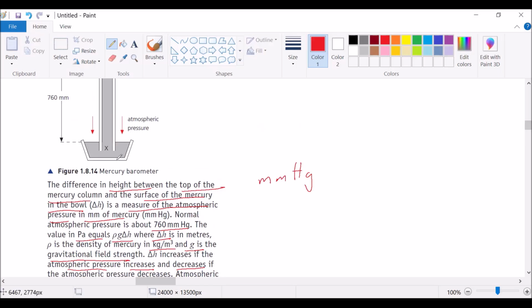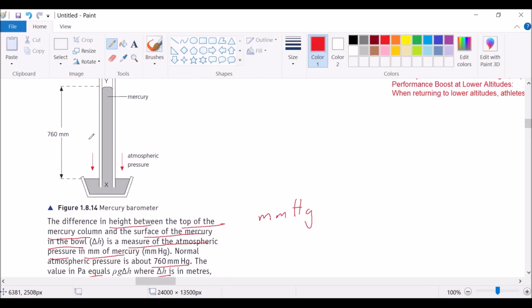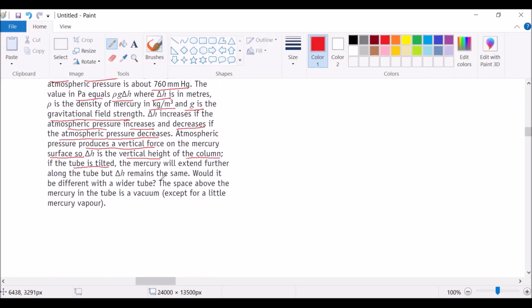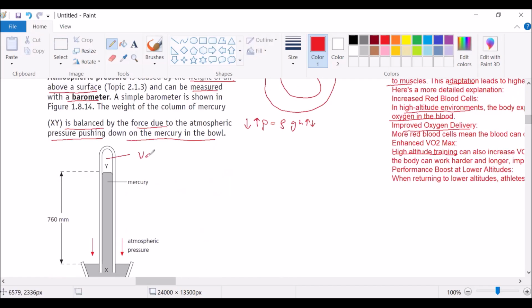Atmospheric pressure pushes this surface down. H is the vertical height of the column, which is this height here, from the surface of the mercury in this ball to the surface of the mercury in the column. If the tube is tilted, the mercury will extend further along the tube, but the vertical height remains the same. The space above the mercury tube is a vacuum, so this space here is a vacuum.